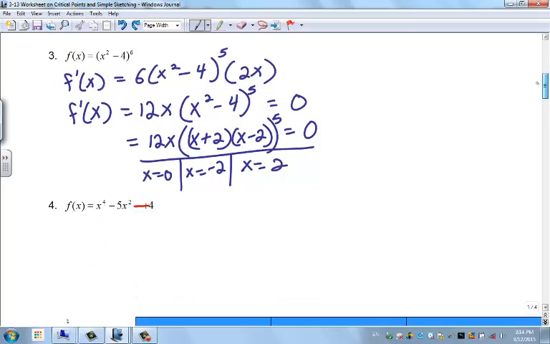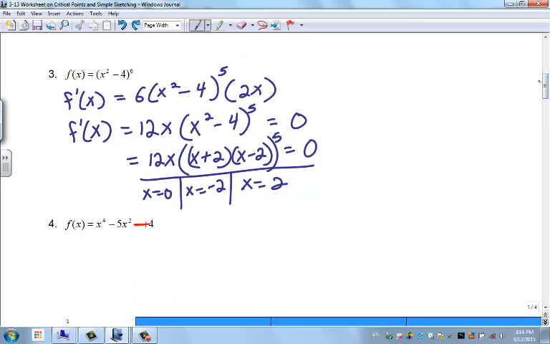If you look at number 3 on the worksheet, just very quickly, when you take the derivative of this using the chain rule, you get 6 times x squared minus 4 to the 5th times 2x. Now, if you get that, then x squared minus 4 to the 5th is basically the same factors 5 times, right?